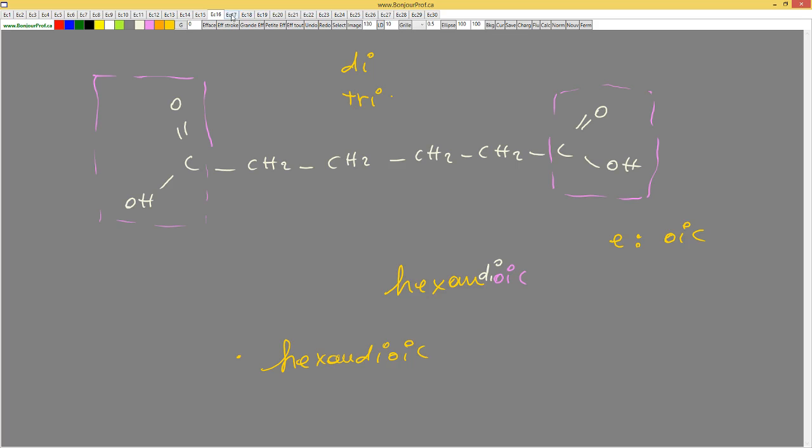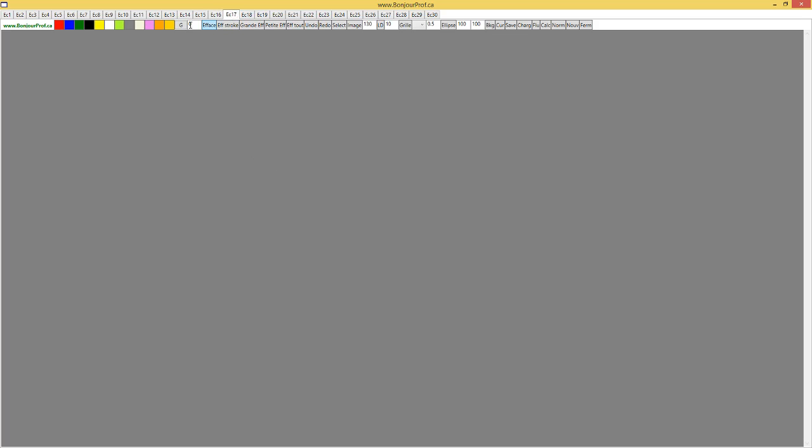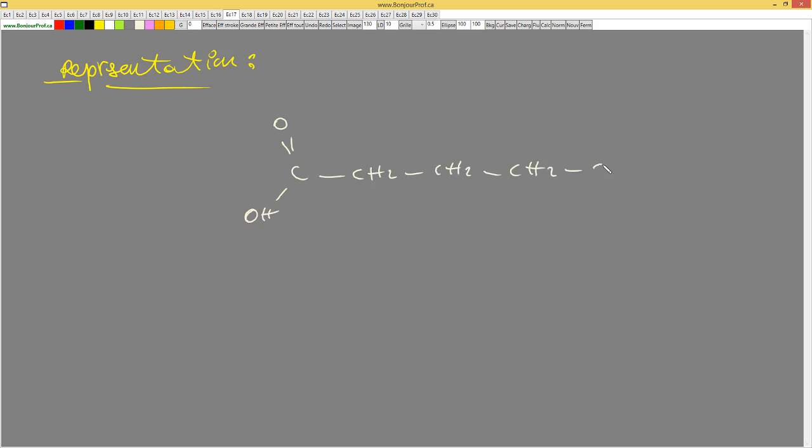Okay. Other things that we are going to see: another representation. In chemistry, when you have an organic molecule, we don't always represent the carbons and the hydrogens. For example, I have this molecule here: COOH, CH2, CH2, CH2, CH2, C with an O here and OH.